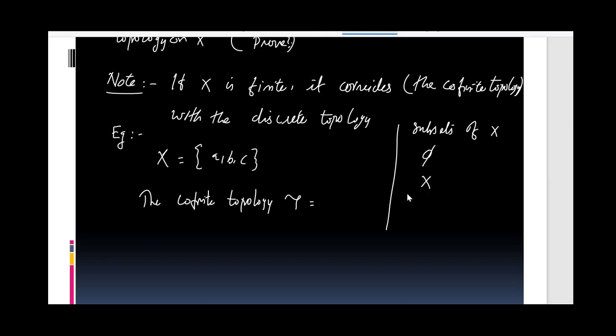Another one is X. Then singletons A, B and C. Next the two-element sets: AB, AC, BC. Now we take the complements. The empty set's complement is X, and X is finite, given that X is finite, so the empty set belongs to this collection.